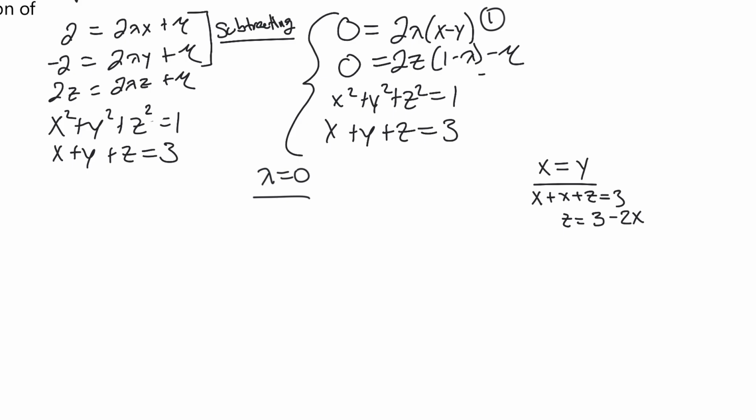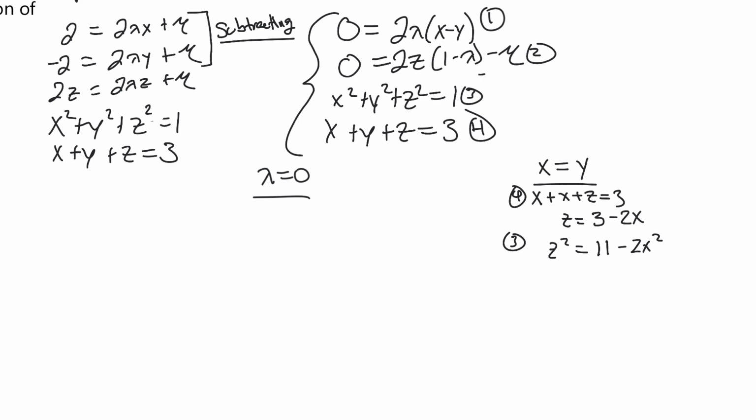That comes from the fourth equation. And from the third equation, that also means that z squared is equal to 11 minus 2x squared.